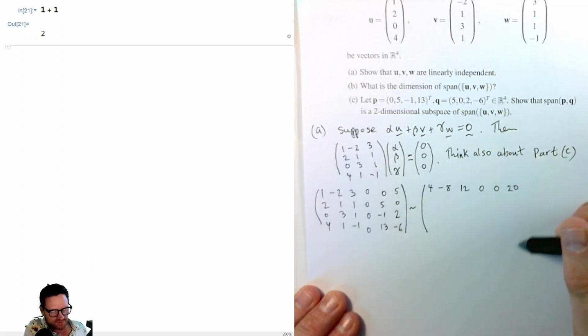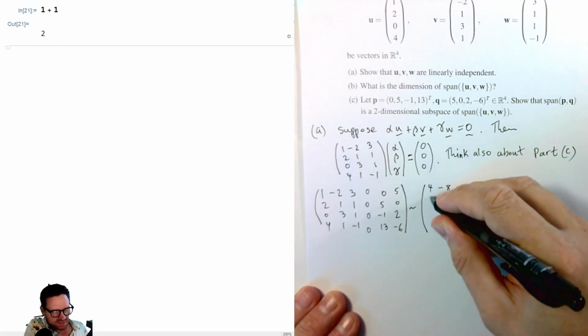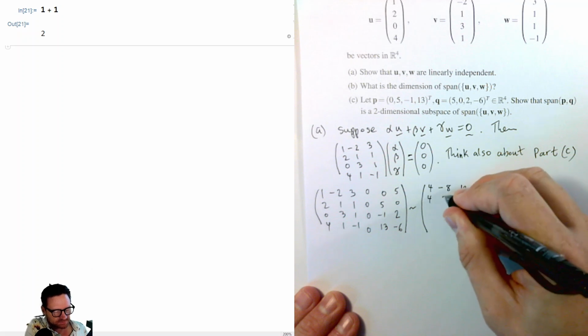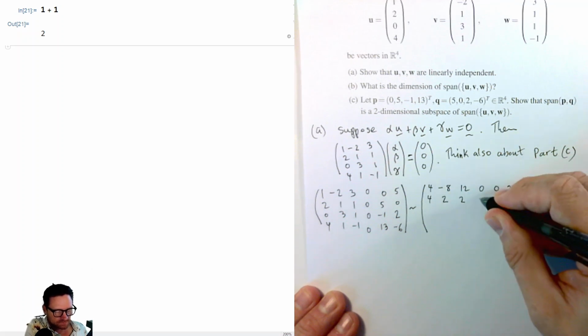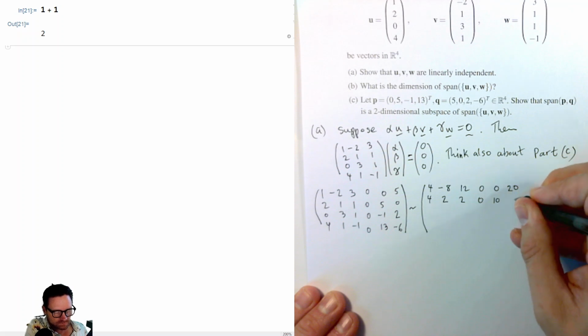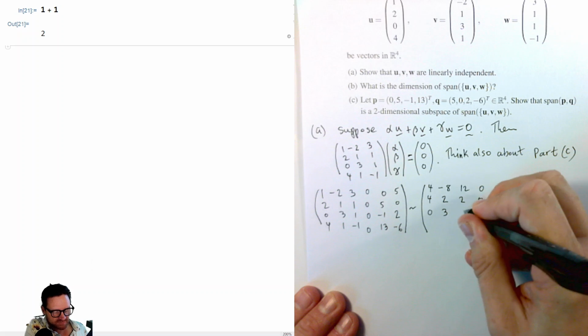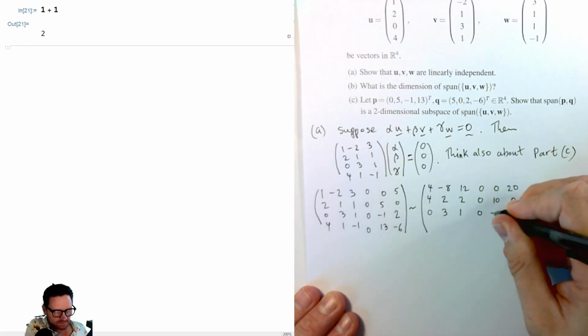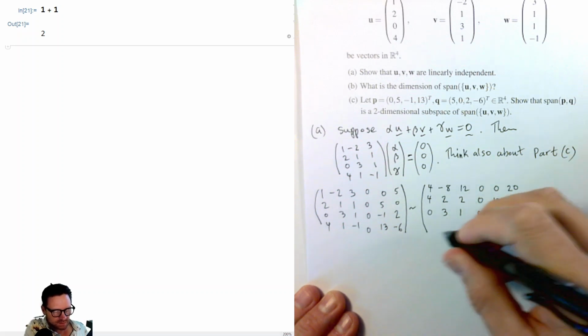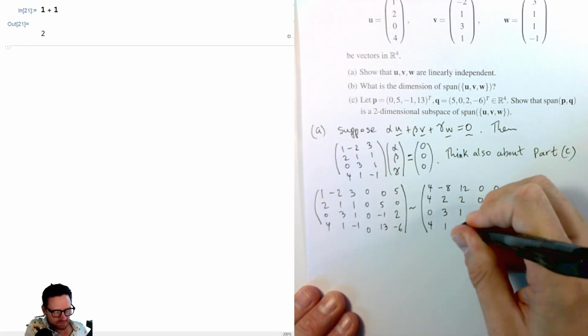Okay, so first row by 4, second row by 2, keep the third row the same for now, and the fourth row the same for now.